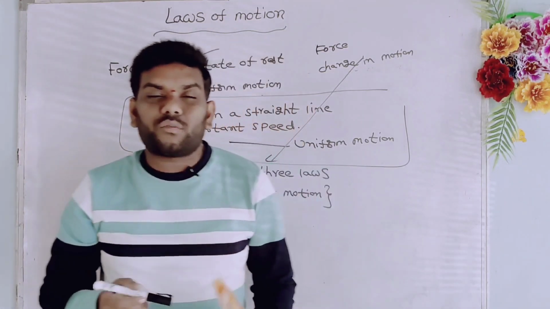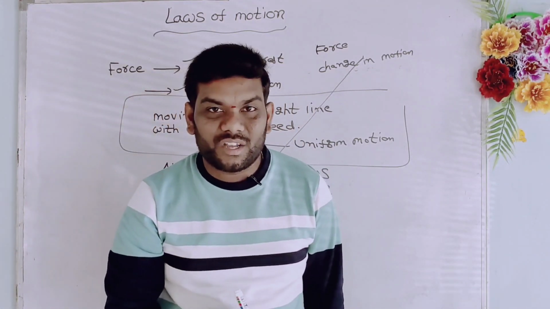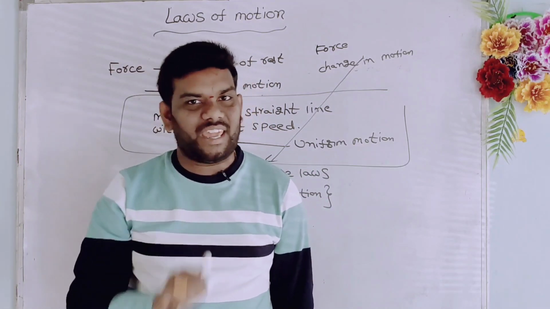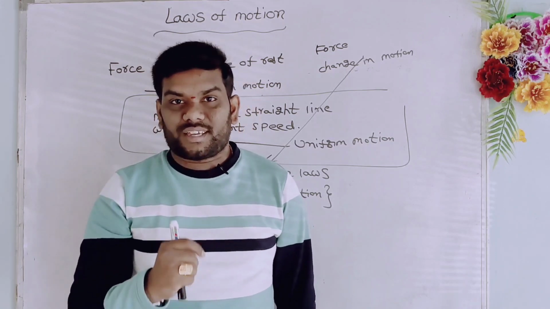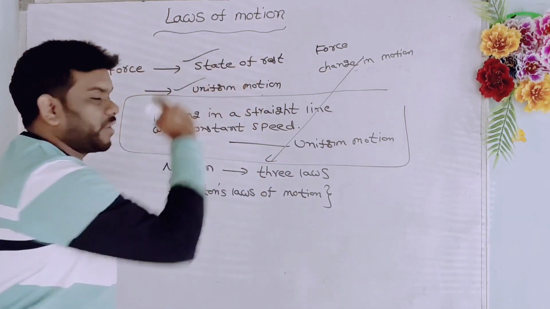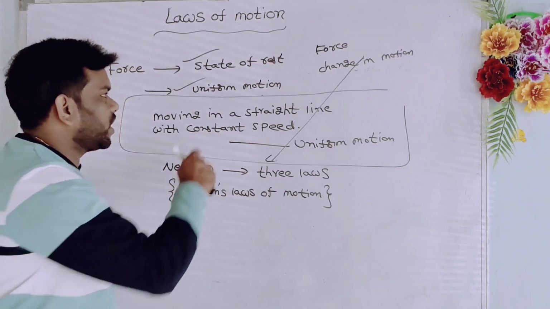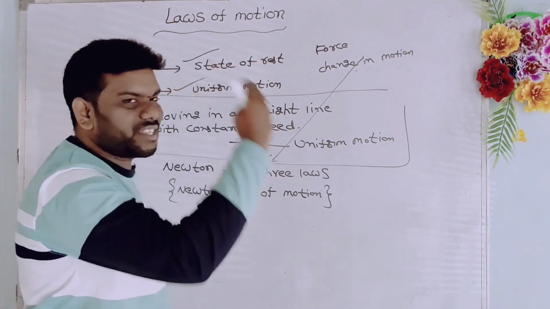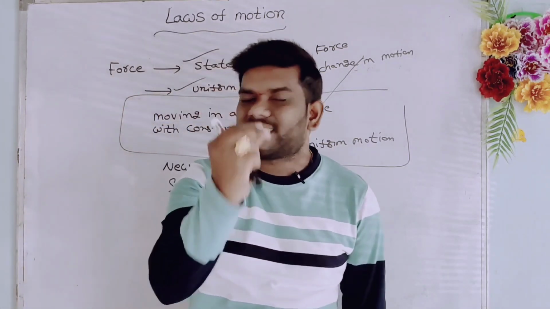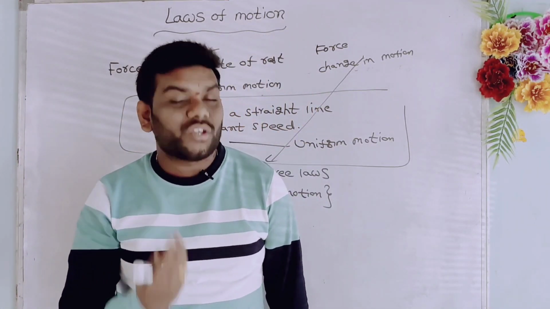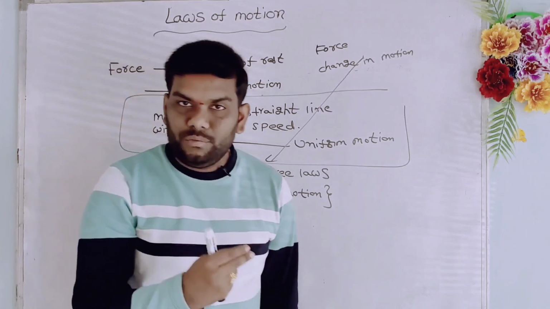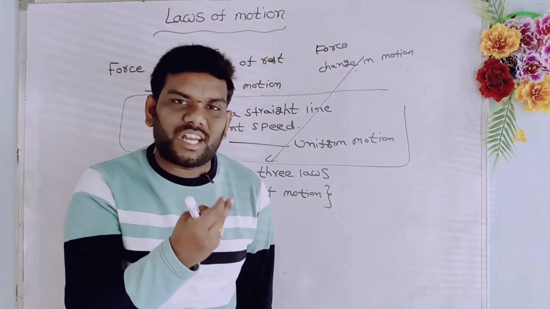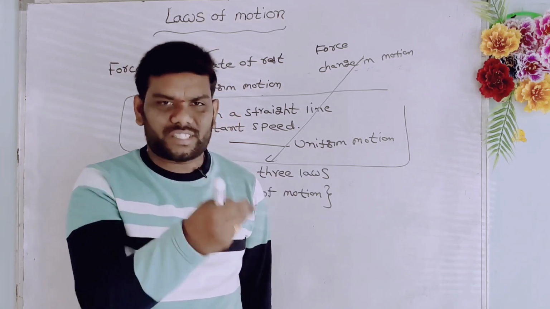So what we understand up to this point: force means push or pull. Force can change the state of rest. Force can change uniform motion. What is uniform motion? A body moving in a straight line with constant speed is called uniform motion. When we apply a force on an object, its motion or rest definitely changes.